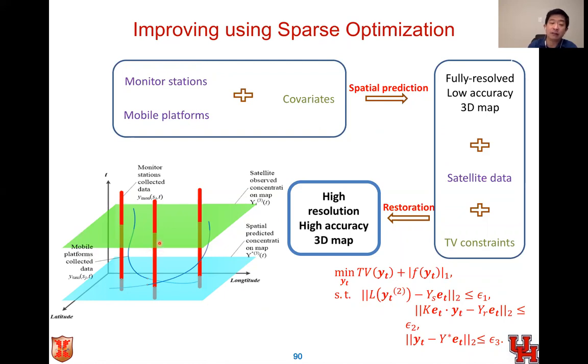So the key question is, you have these 3 types of sources, and how can you merge them together to have a higher resolution? Here we use sparse optimization, using the L1 norm to reconcile the 3D data, as a convex optimization problem.